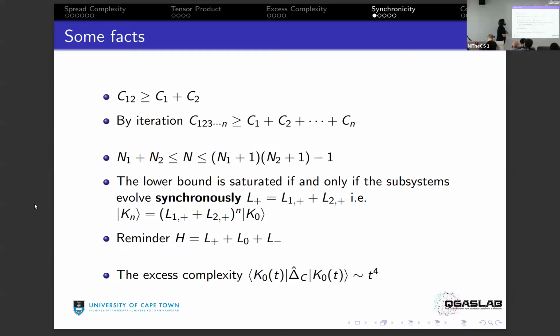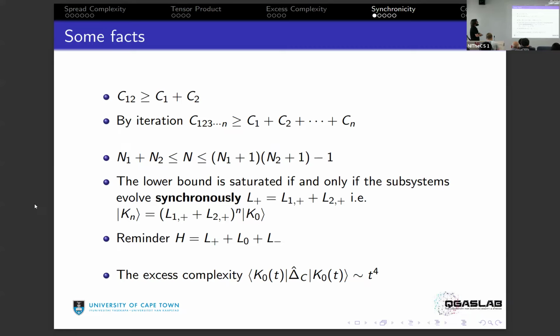This just comes from the fact that the Lanczos algorithm will terminate for the two subsystems at N1 and N2 respectively. So you must have at least that many states in the combined system. And the right-hand bound simply comes from how many states you have in the product Krylov spaces.